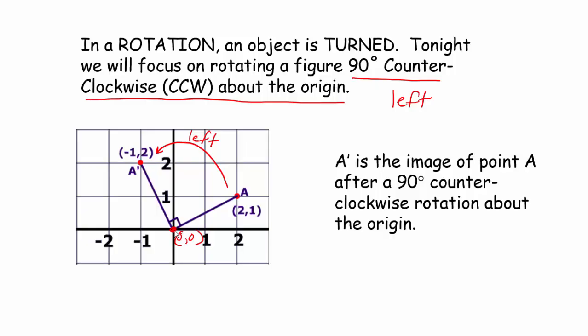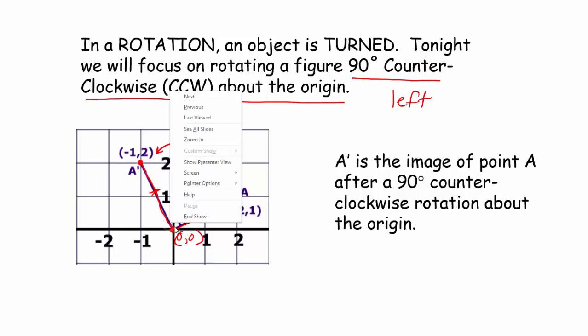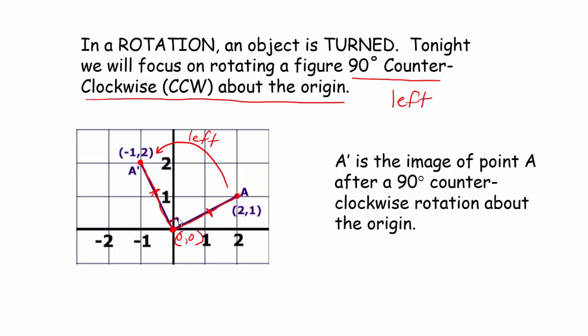And I will be pivoting about this point 0, 0, which means if I were to measure the distance from 0, 0 to A and 0, 0 to A prime, that distance will be the same. And notice once again when I'm rotating 90 degrees counterclockwise, it's creating this 90-degree angle, which is why we're calling it a 90-degree counterclockwise rotation.